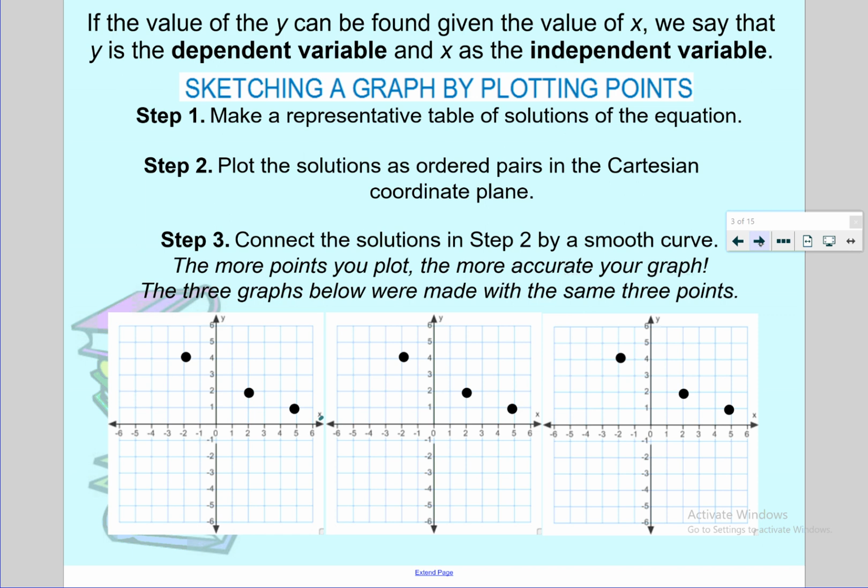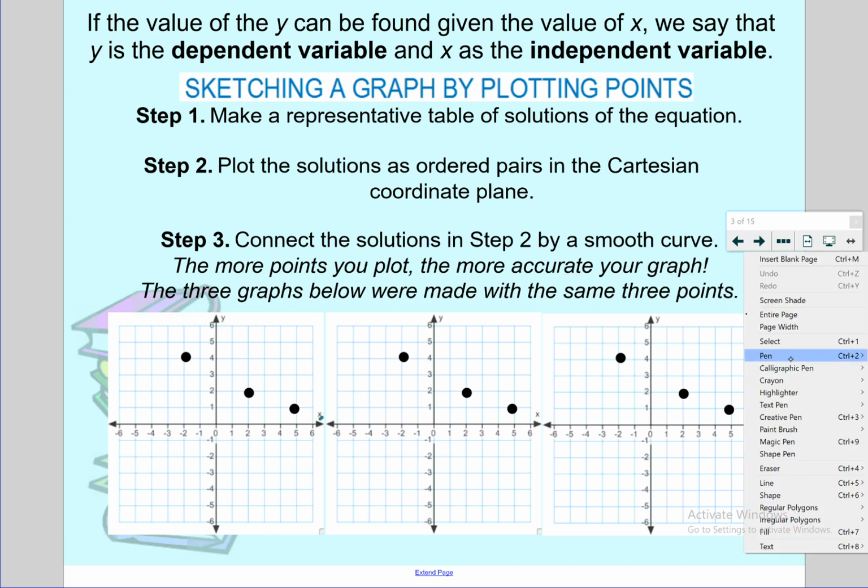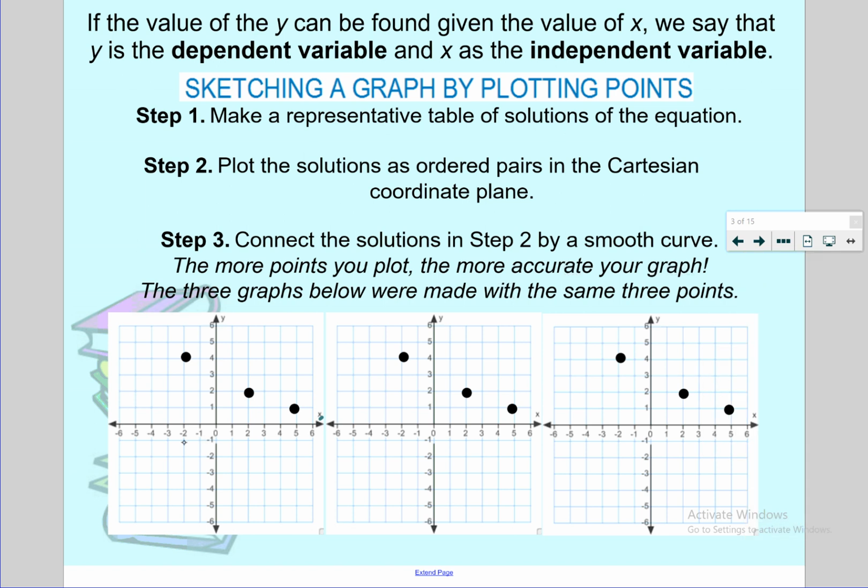For example, I've got the same 3 points on each of these graphs here. There's lots of different graphs that mathematically are correct for this class that I could use these points for. So a cubic function could look something like this. That's a type of graph that we're going to see. I could see an exponential equation like that.